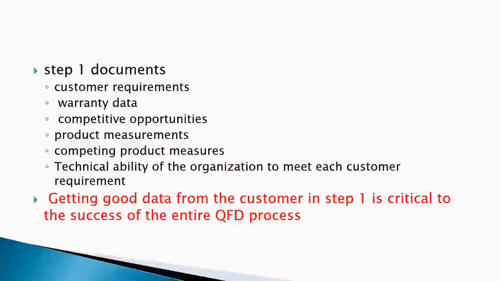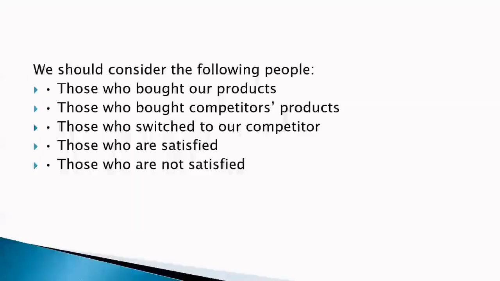If you fail to do it in a proper way, without correct data, you can make the quality function deployment, and based on that you can design the product and put it into the market, but you will fail. Making a quality function deployment matrix is not sufficient for success in the market. You are required to make it using the correct information. That is the critical factor.